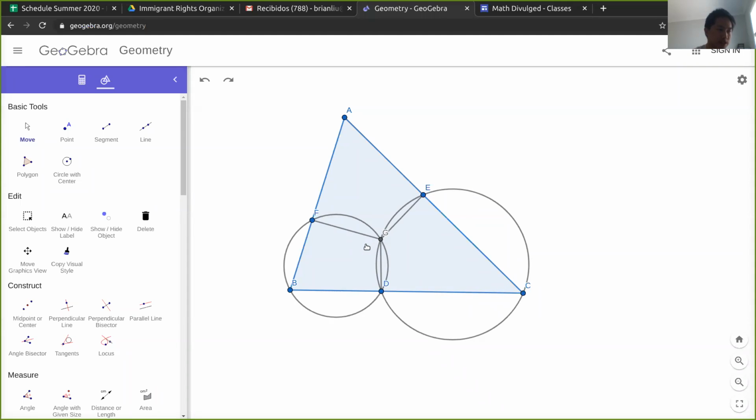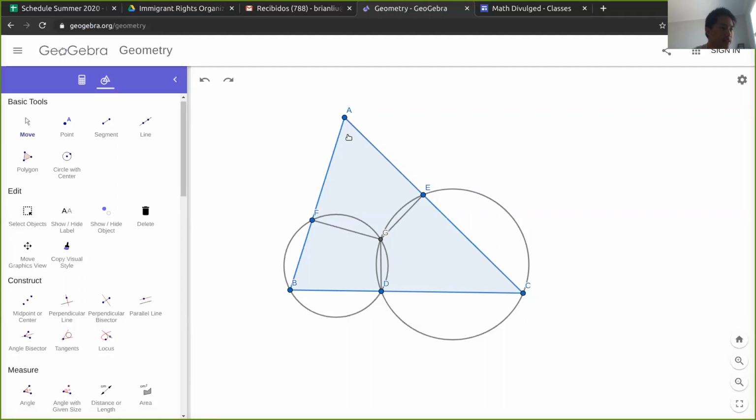So 180 minus B, 180 minus C. So together they're 360 minus B minus C. So then since this whole thing is 360 degrees, this right here is 360 minus 360 minus B minus C, which turns out to be B plus C. So how does B plus C relate to A? B plus C plus A is the sum of the angles in the triangle, which is 180 degrees. So that is why.